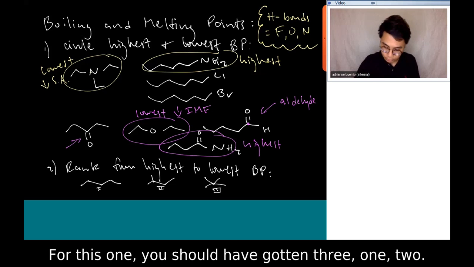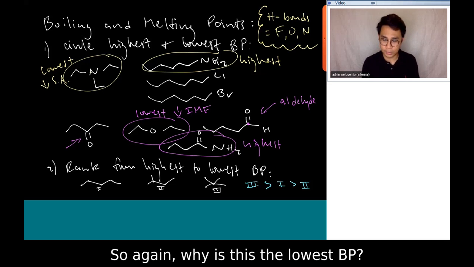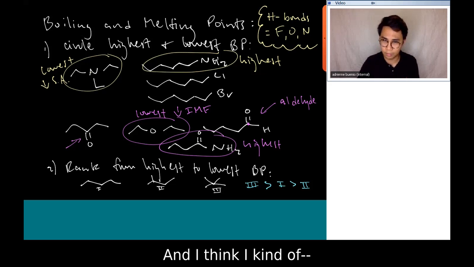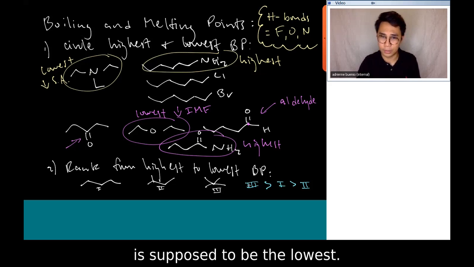With this one, you should have gone 3, 1, 2, and Y. So again, Y is the lowest BP, and I think I kind of switched this up, but this is supposed to be the lowest.